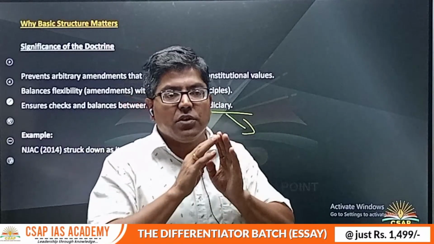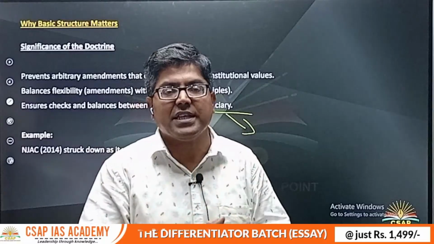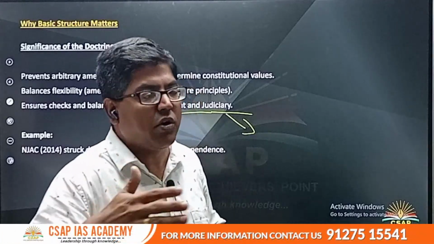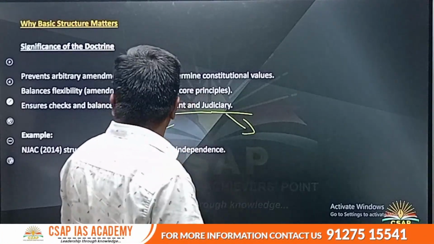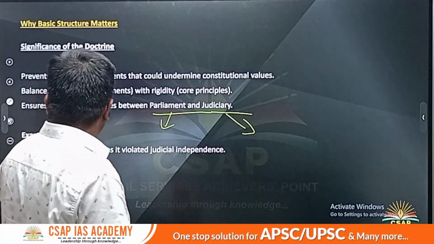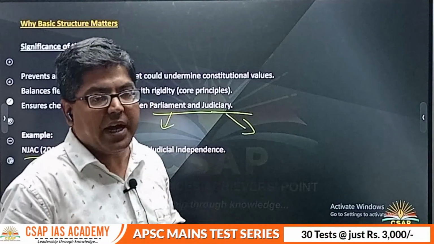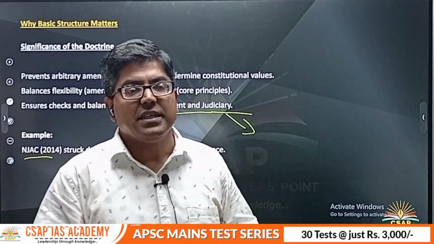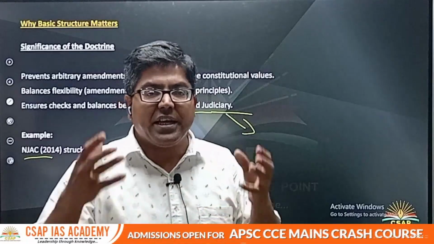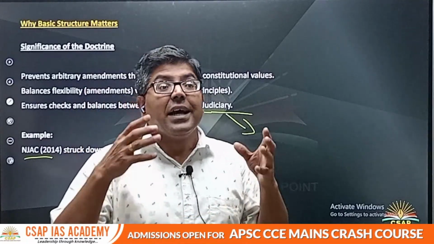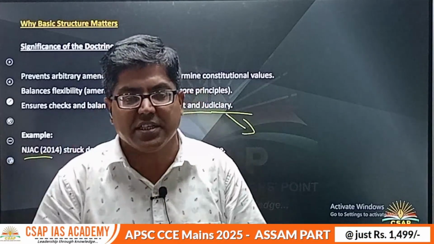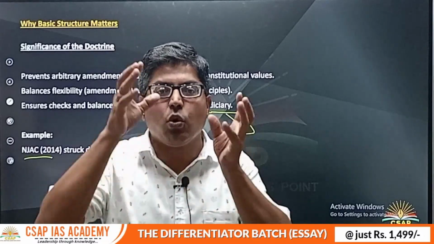However, though temporarily it worked out as the formula, even today we find that this conflict is far from being over, and this tussle comes up from time to time. For example, we can talk about the NJAC, right? We all know about the National Judicial Appointments Commission, an act through the 99th constitutional amendment, by which the parliament tried to bring a change with regard to the appointment of judges, and to change that collegium system, right.